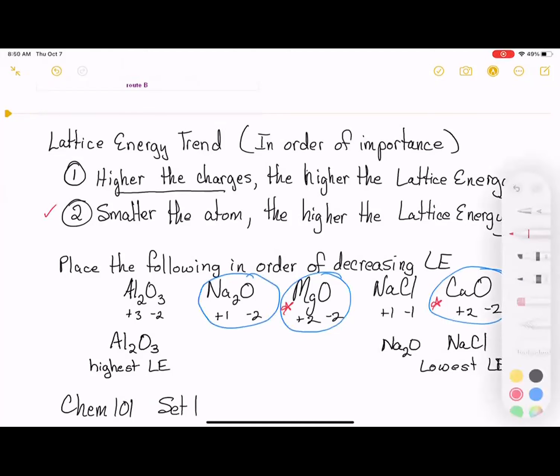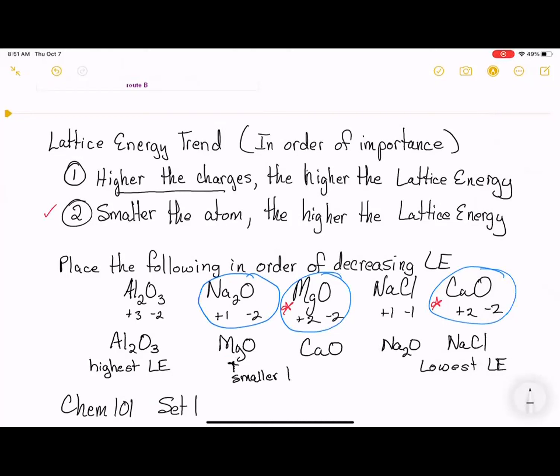That means that our next substance, or the middle one, would be calcium oxide and then magnesium oxide, because magnesium is smaller than calcium. Any questions about putting these in order of decreasing lattice energy?